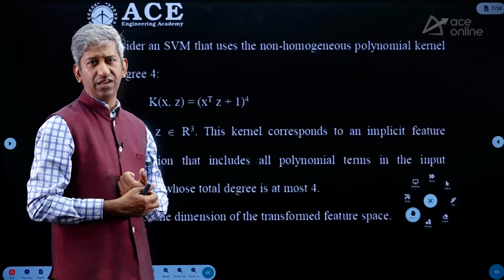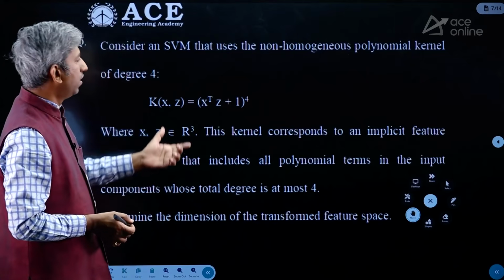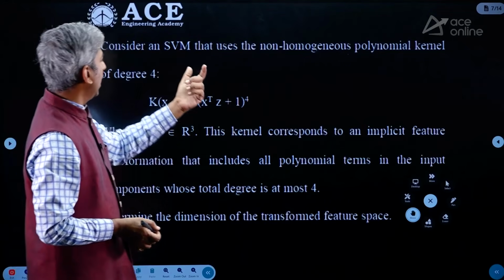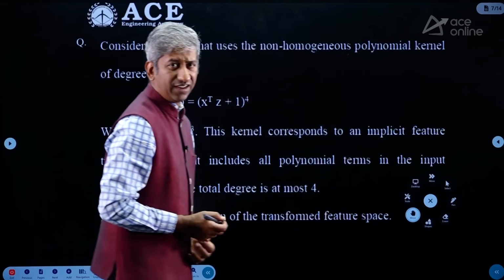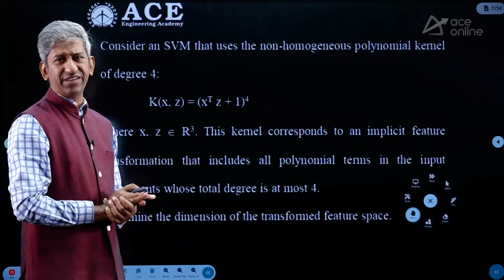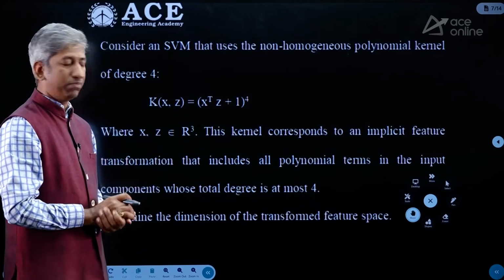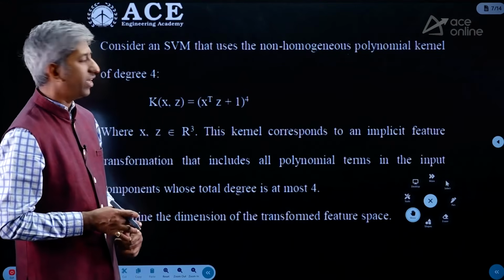So here a fourth order non-homogeneous polynomial kernel is given to us. X and Z are two randomly taken data examples which initially belong to 3-dimensional space.